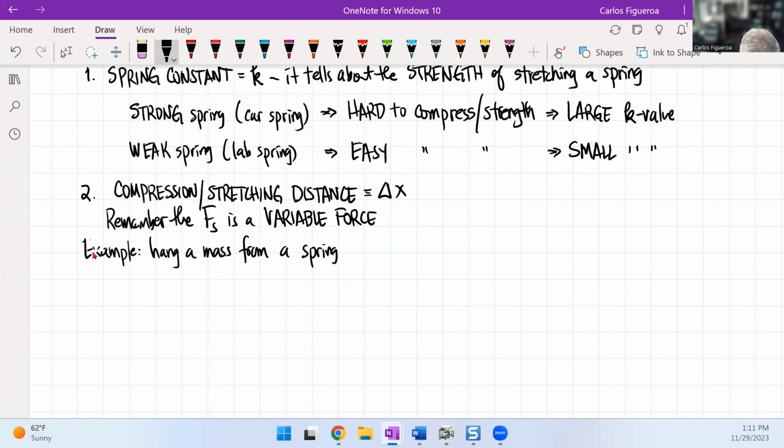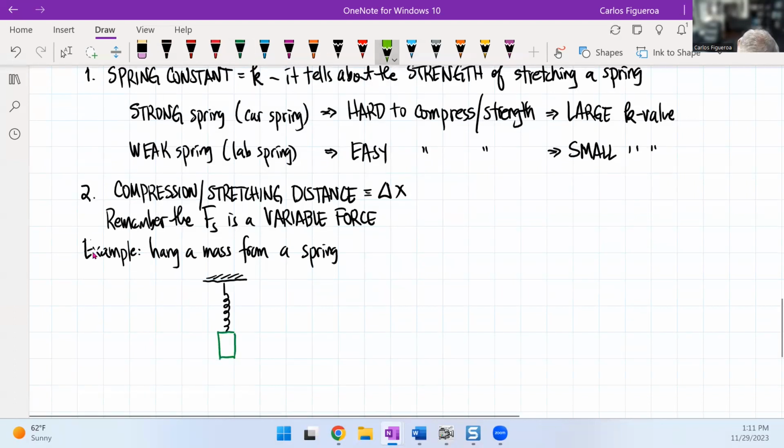Let's say that this is a ceiling or some type of clamp system, and right here I'm going to put my block, here's my mass.